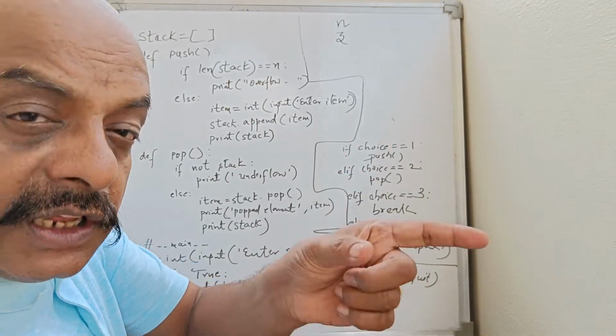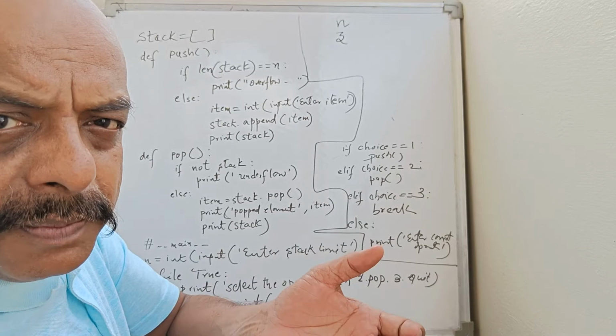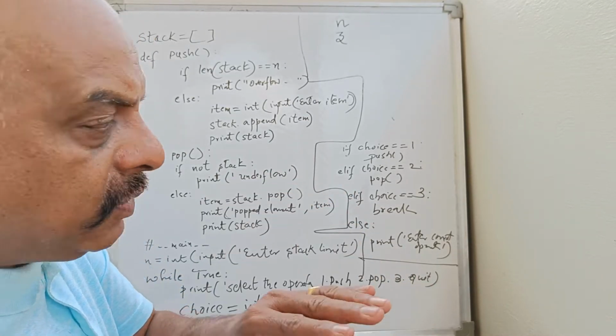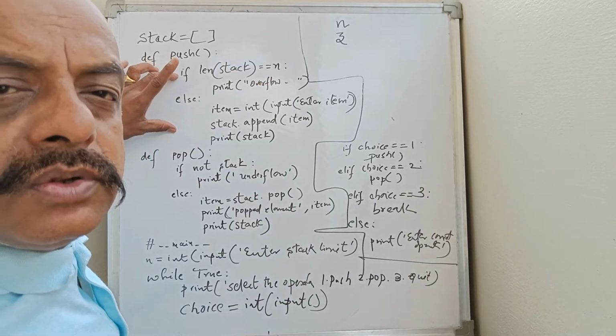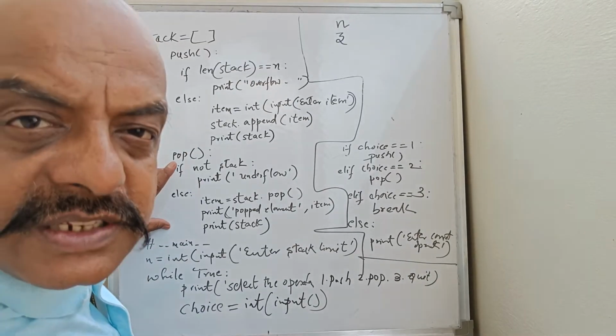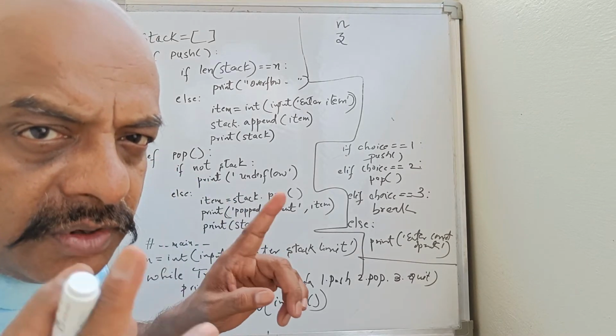In pop you are going to test that you can't pop any item from an empty stack, right? That is called underflow. So in push you test the overflow situation, and in pop you test the empty stack underflow situation. So that you have to remember.